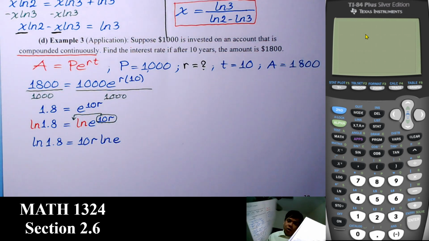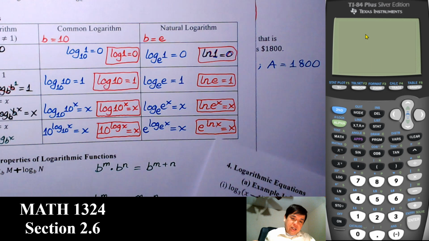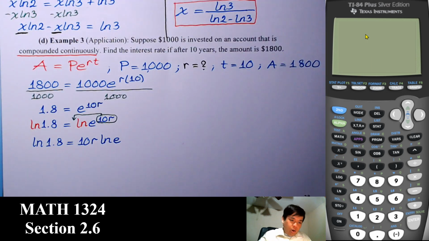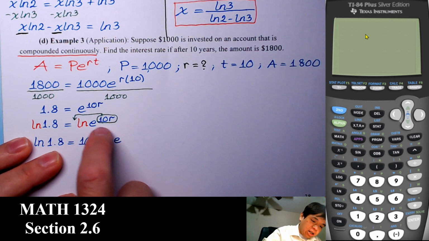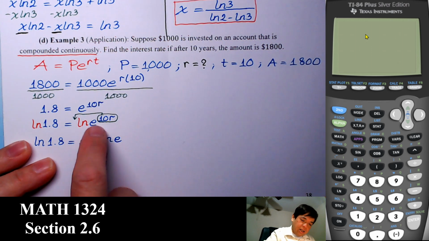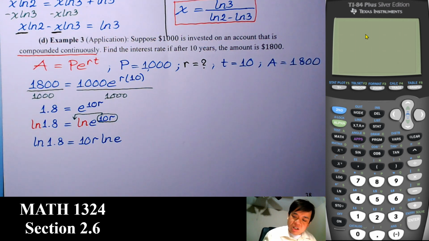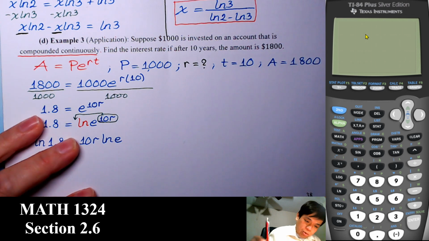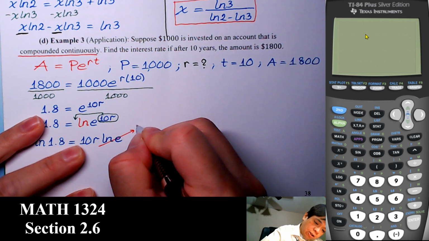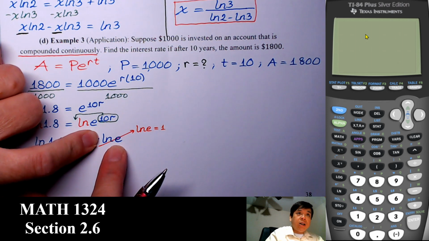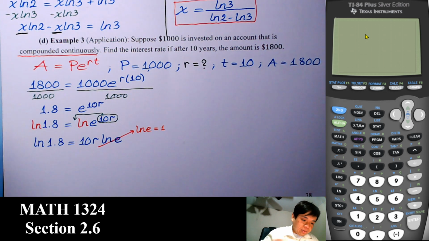Now I want to, oh, it's here. ln of e is equal to 1. So like that. Or from here we can just say it, cancel out the ln of e, cancel out here. But right, so we just say it. ln of e is equal to 1. So essentially 10R times 1 should be just 10R.